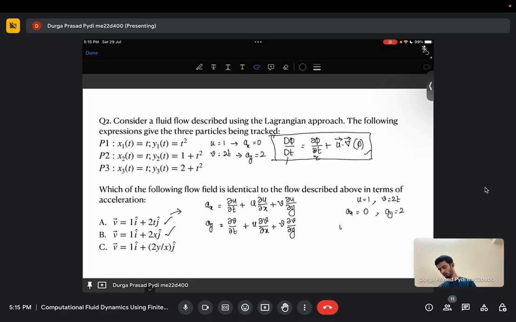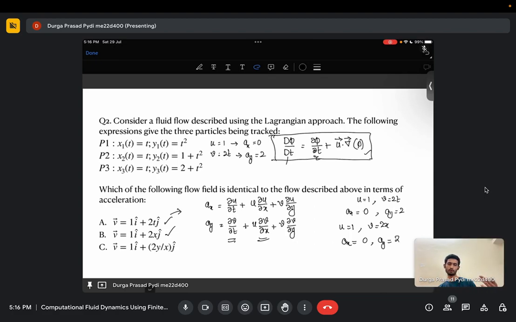But if you see the second option, your ax will essentially be del u del t is 0 and all other components will be 0, so ax is 0. You try to calculate ay, even though your del v del t is 0, you have the second component where del v del x is some finite quantity, so you will still get the same value of 2.